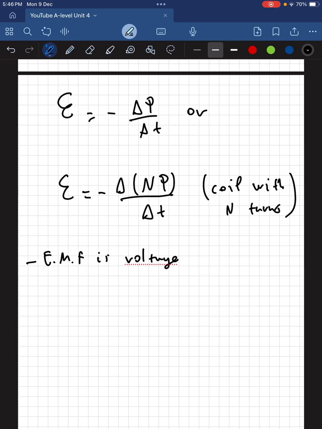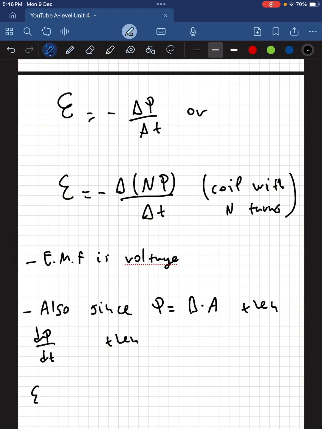Now let's see one more thing. Also, since phi is B times A, then if for a moment we switch away from delta phi and use d phi over dt, which is the instantaneous change in flux with respect to time, then epsilon is minus d phi over dt, which is equal to minus d(B times A) over dt.